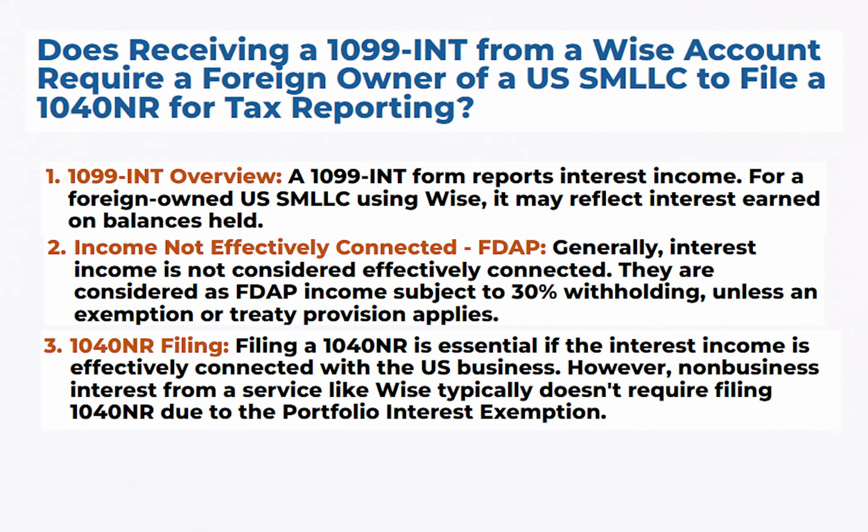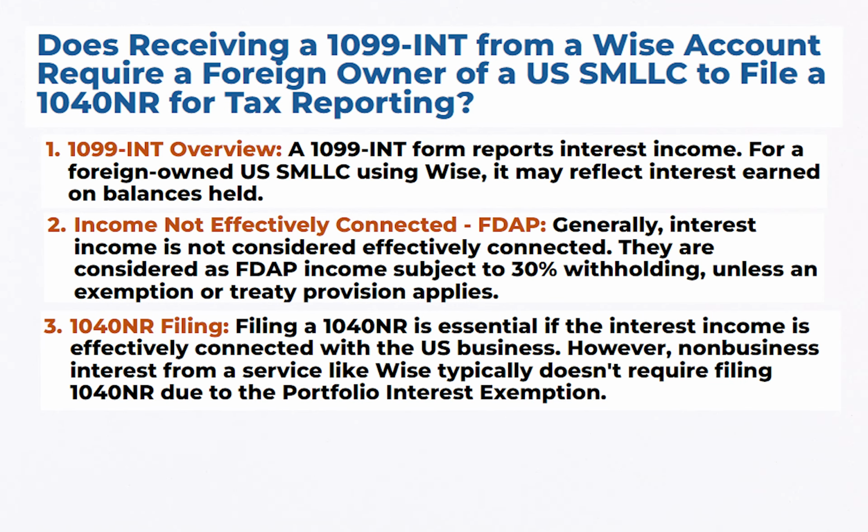Now, let's go to the 1040-NR filing. As I said earlier, filing a 1040-NR is only essential if the interest income is effectively connected with a US trade or business. However, non-business interest from a bank account, savings account, or brokerage account typically does not require the filing of a 1040-NR because there is an exemption in the code, which is the portfolio interest exemption.